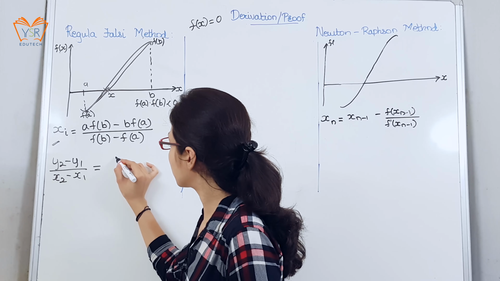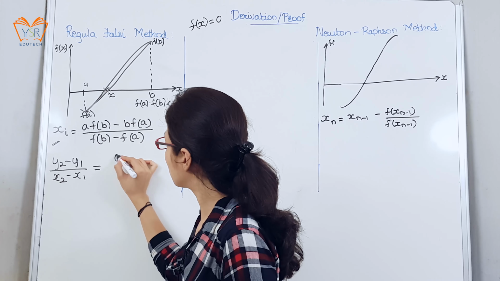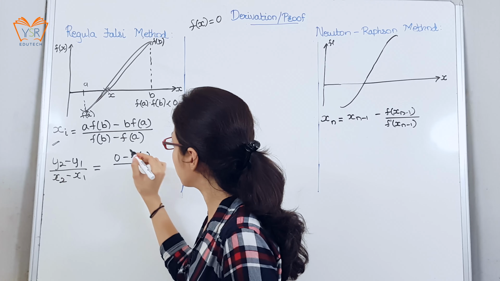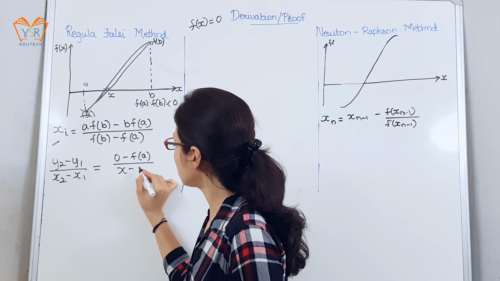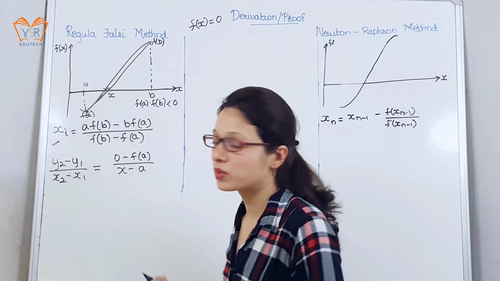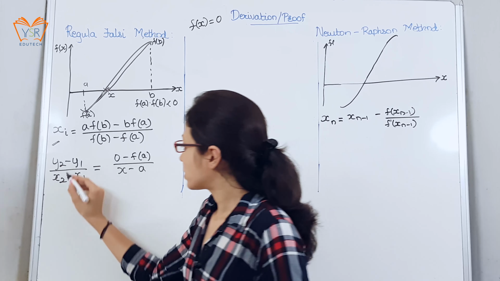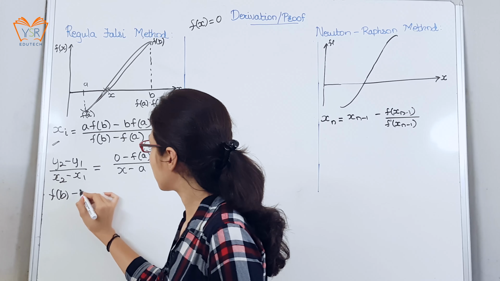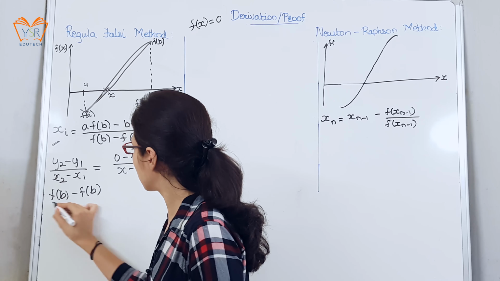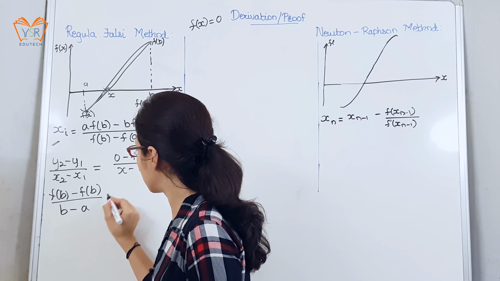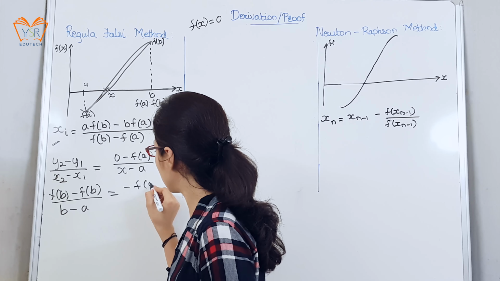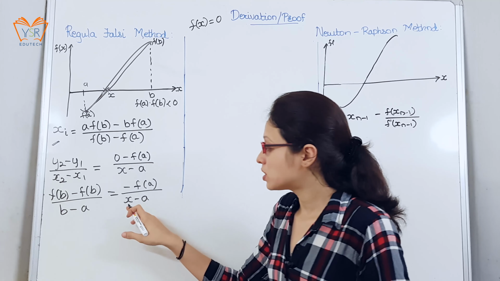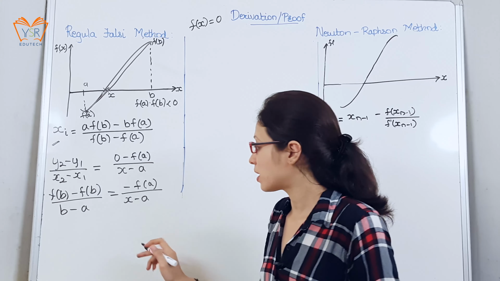So the straight line equation will be (0 minus f(A)) divided by (x minus A). This is the new interval. So by substituting values, (f(B) minus f(A)) by (B minus A) is equal to minus f(A) divided by (x minus A). Now for this equation we will find the value for x.